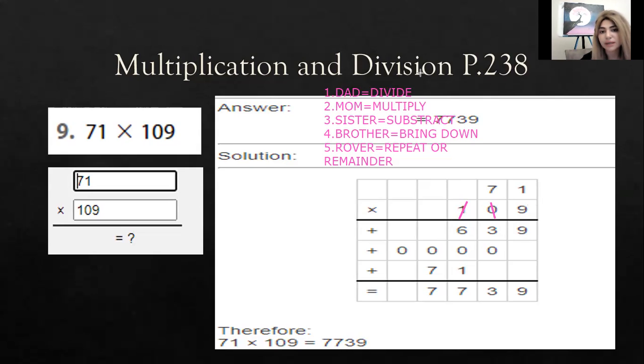Then I take off the plug from 0 and I plug the 9. 71 multiply 0 is 0. Okay? Because 0 is the tens, so I start from the tens. 9 is the ones, so I start from the ones. And when I multiplied 9 multiply 1, I put the 9 in the ones.